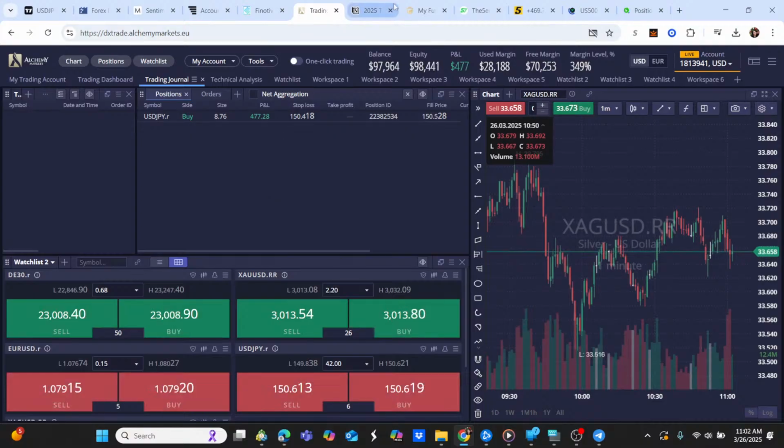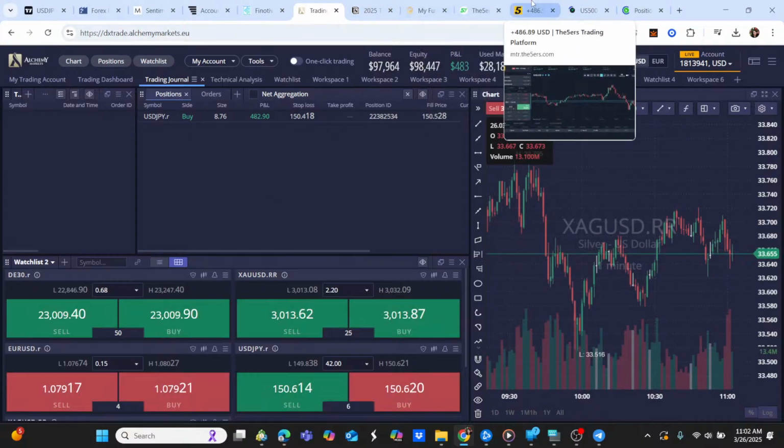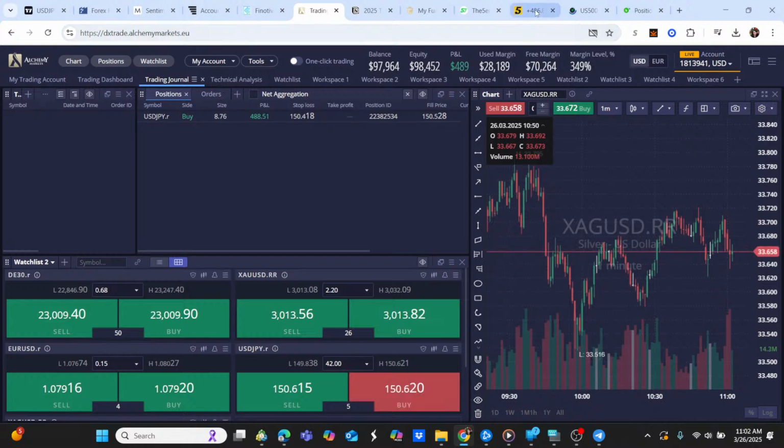We're up a good amount. We're up like $1,000 right now in total, but there's still no reason to close anything. Okay, I can see that it's almost to that one to one.